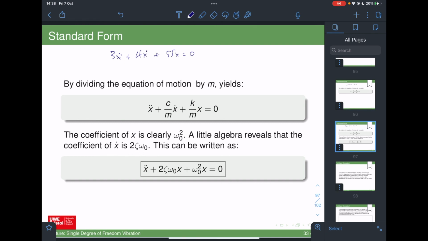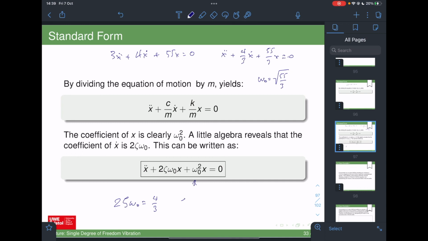Okay, so there's my equation. I divide everything by 3, so I end up with x double dot plus 4 over 3 x dot plus 55 over 3 x equals 0. So I know straight away that omega naught is root 55 over 3. And I know that my 2 zeta omega naught is 4 over 3.